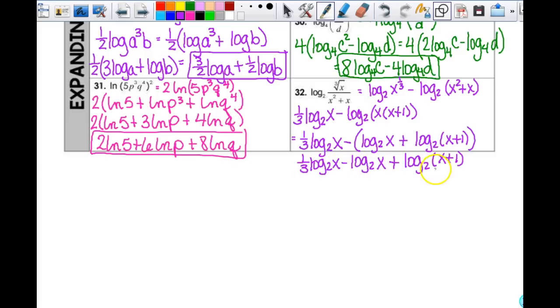I can't combine these as far as you're combining like terms, but if I have 1/3 of this thing minus 1 of this exact same thing, that's going to end up giving me negative 2/3 log base 2 of x plus log base 2 of x plus 1. There is my expansion. And we're done.